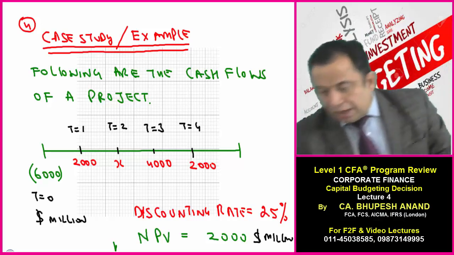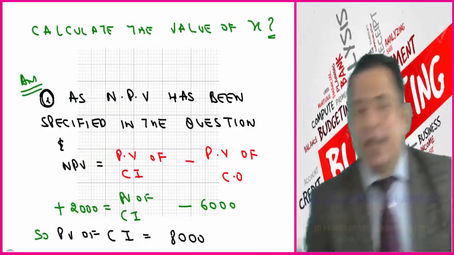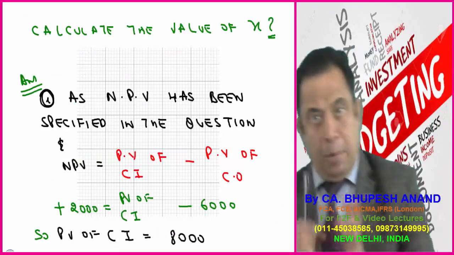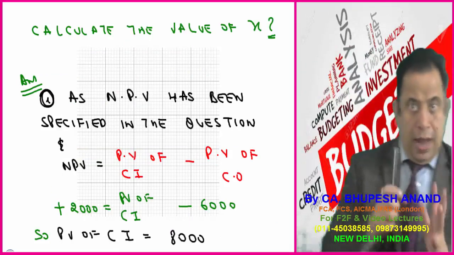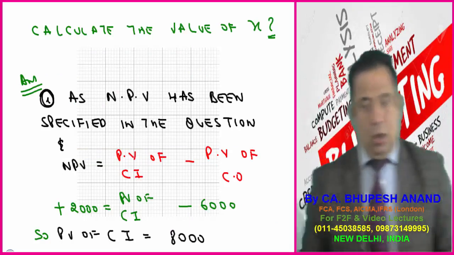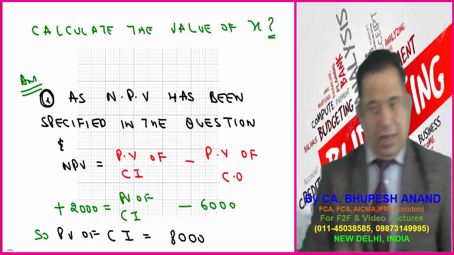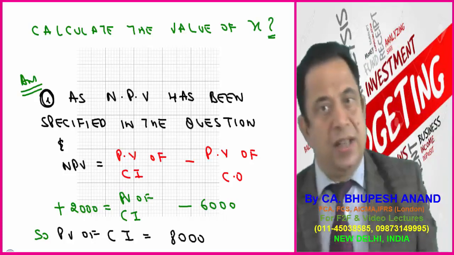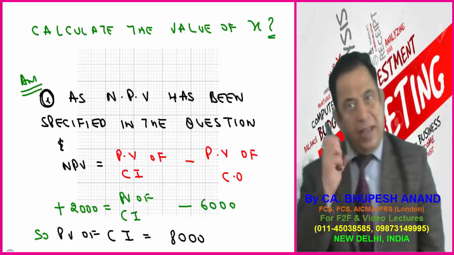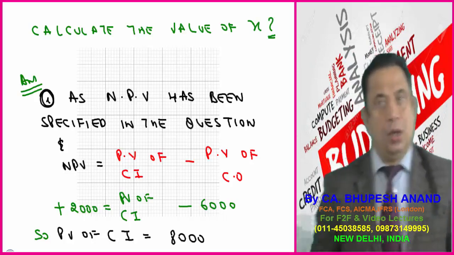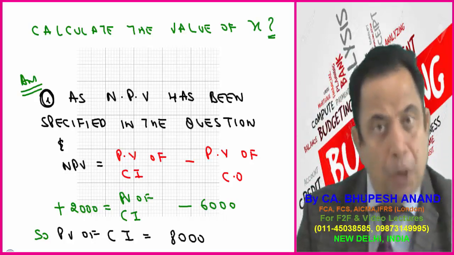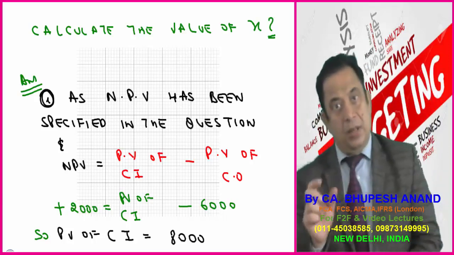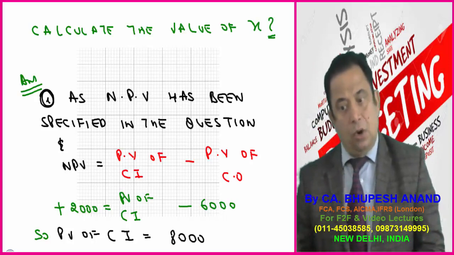I know that NPV is equal to present value of inflows minus present value of outflows. Outflow is 6,000. So I have used that figure. Please write down, as NPV has been specified in the question. That is 2,000 positive, which must have been calculated like this: present value of inflows minus present value of outflows.